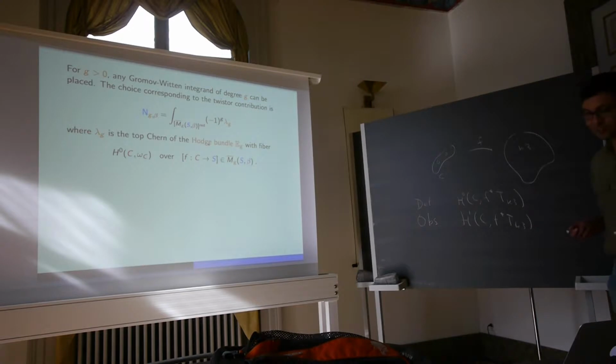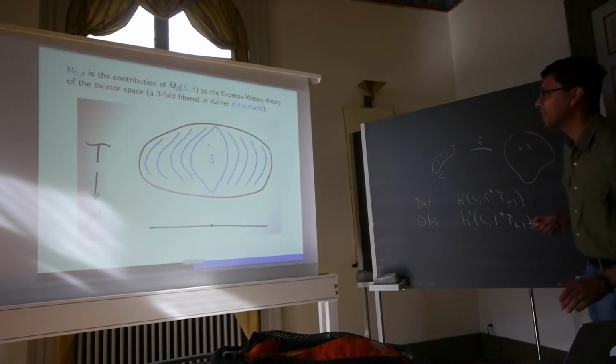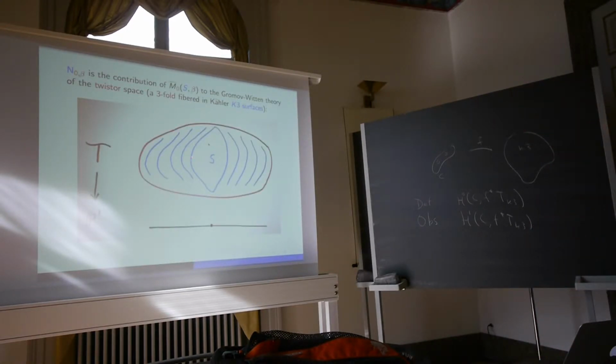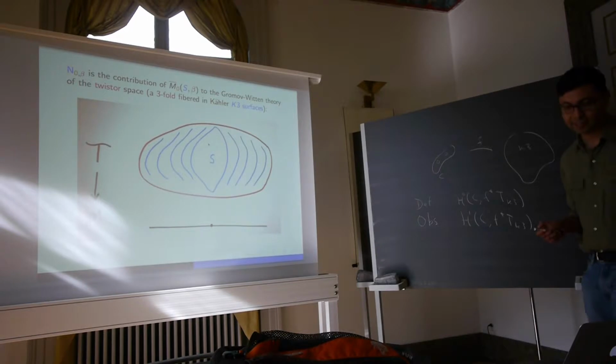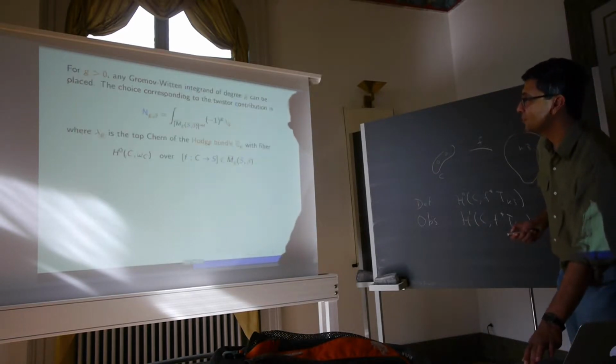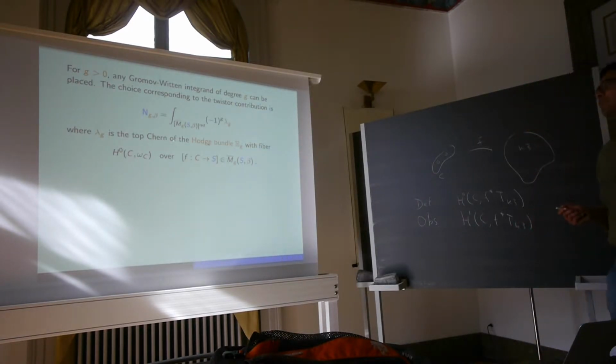To say what this is in words: if I look at this twistor family, all the algebraic curves have to live in this special fiber, because all of these other K3 surfaces have no algebraic curves at all. They are Kähler surfaces with no algebraic curves. And these counts are counting the number of curves in this whole twistor space that live on this K3 surface. That's the geometric approach. And this is the way to define it by the standard definition.